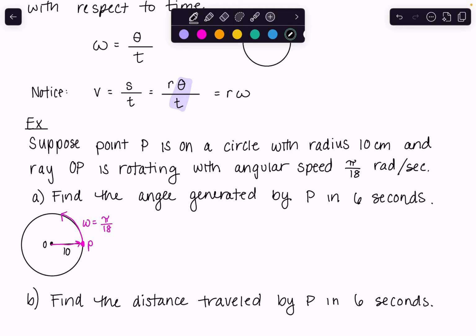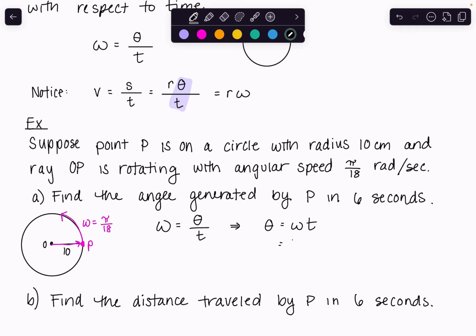So I want to first find the angle generated by P in 6 seconds. So my omega, which is my angular speed, is equal to theta over time. I want the angle though, so theta is going to be my speed times my time. My distance is my speed times time.